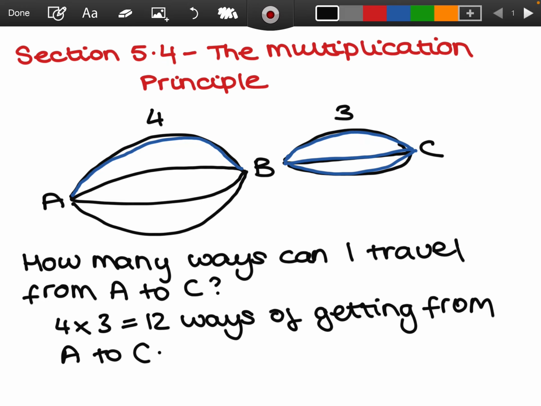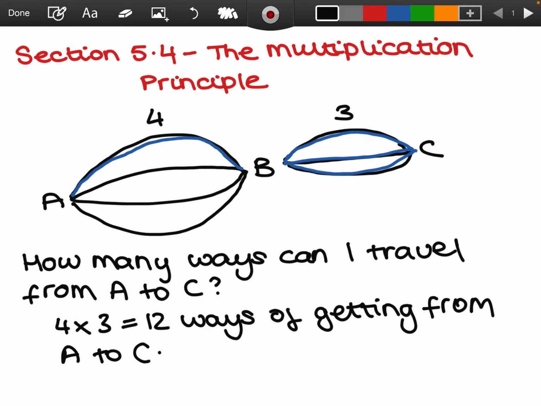My advice to you with this would be always draw out the problem that they give you. So if they tell you that there are 4 different paths from A to B and 3 different paths from B to C, go ahead and draw it out, because then you can actually see for yourself exactly the possibilities that you have.